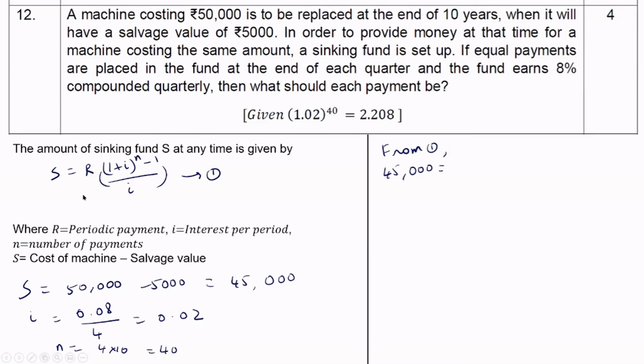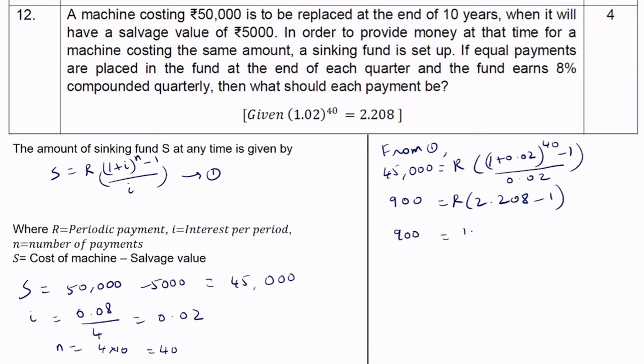So from 1 we have 45,000 is equal to R into (1 plus 0.02)^40 minus 1 upon I, 0.02. So this is equal to 45,000 into 0.02, it is 900. This is equal to R into, 1 plus 0.02 is 1.02. 1.02 the whole raised to 40 is given as 2.208. 2.208 minus 1.